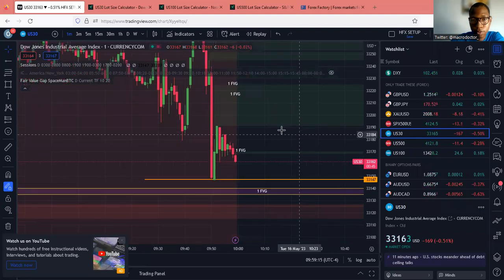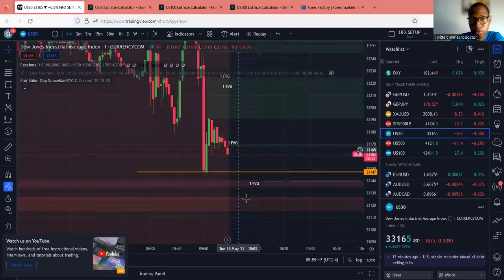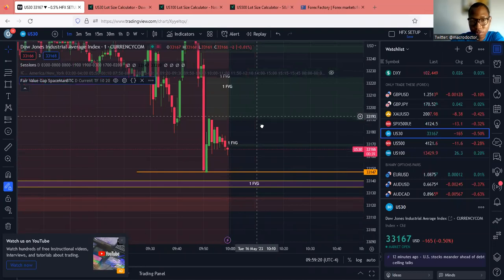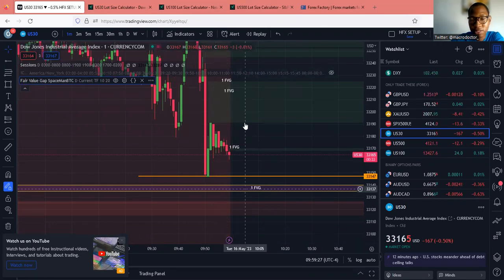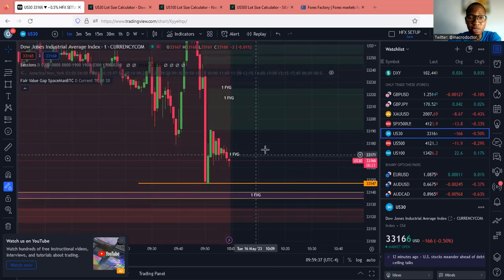All right, if price chooses to come down here and then closes above here, we'll see. Yeah, I really hope it doesn't. But if it comes down, taps into this fair value gap, and then displaces upwards, I'll take it for a trade as well. But that wouldn't be my preferred trade, to be honest. I just need price to go really clean.